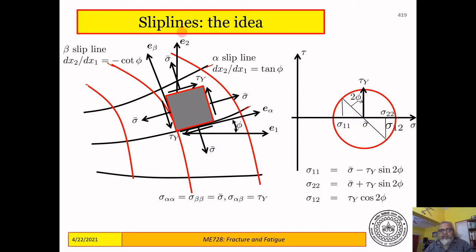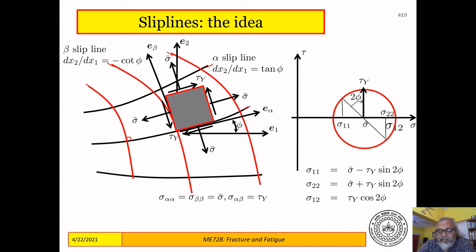And the entire region which is undergoing rigid perfectly plastic deformation can be covered by a net of alpha lines and beta lines, the angle between them being always equal to 90 degrees. So alpha lines and beta lines are a set of orthogonal curvilinear system, which covers the entire region that is undergoing rigid perfectly plastic deformation.